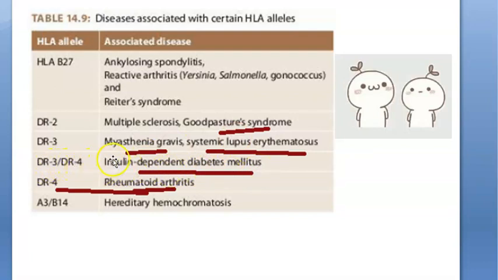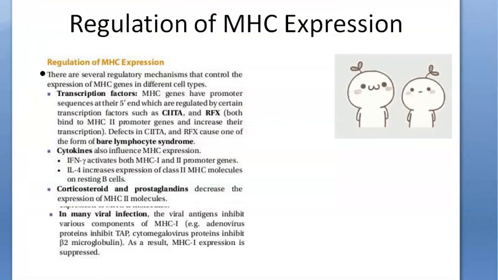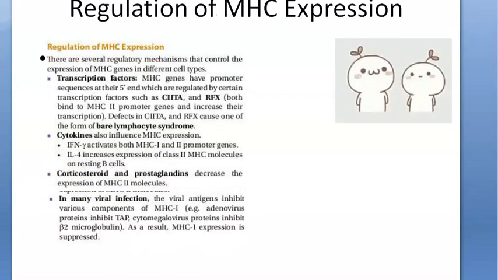It's all about the immune response of your body. So regarding regulation of MHC expression, you saw that steroids and prostaglandins will decrease the expression of these MHC molecules. That is why they give steroids before an organ transplant, to suppress the immunity.